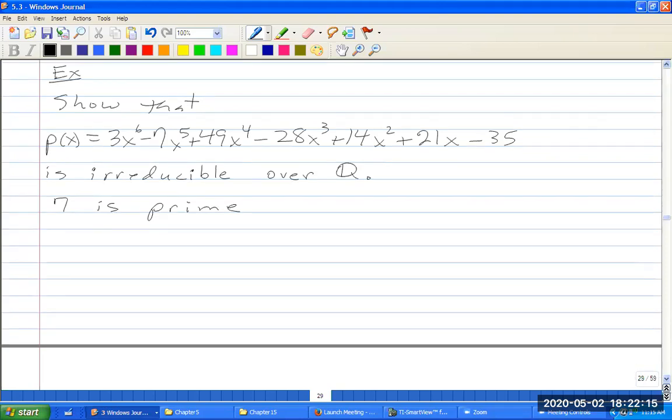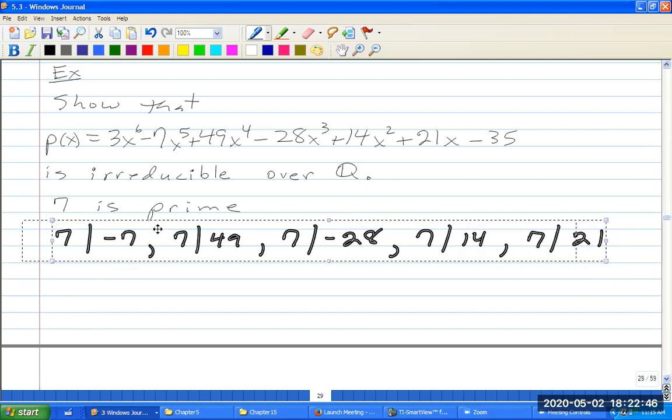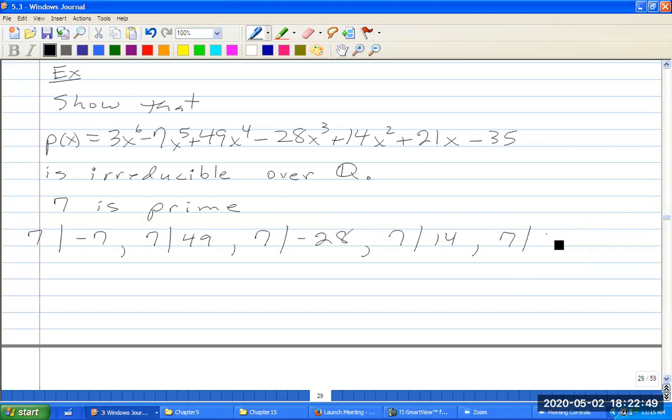Next, I have that 7 is a factor of minus 7. It's a factor of 49. It's a factor of negative 28, of 14. 7 divides 21. And 7 divides minus 35. Okay, good.